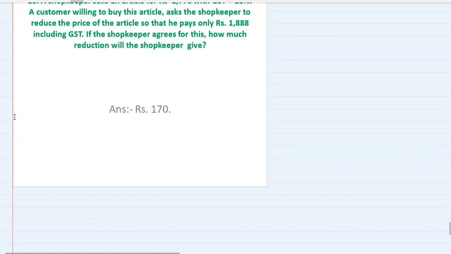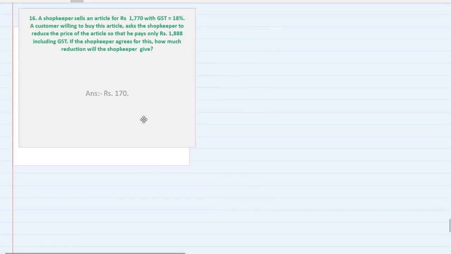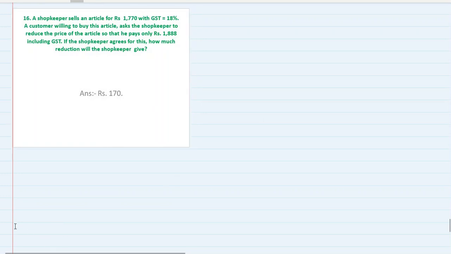Okay, let's go to the last question. The chapter is almost over. A shopkeeper sells an article for rupees 1770 with GST 18%. A customer willing to buy this article asks the shopkeeper to reduce the price so that he pays only rupees 1888.